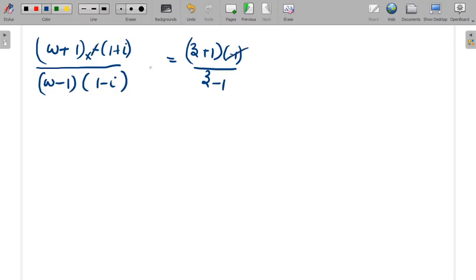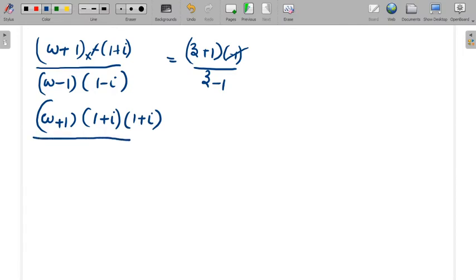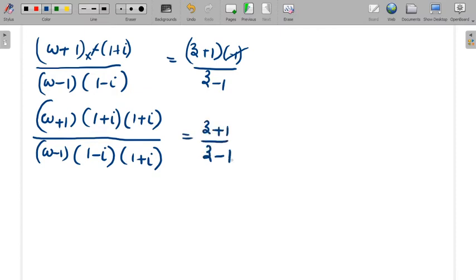Now to simplify this, we first simplify this expression by multiplying with the conjugate of the denominator. So we can write W plus 1 into 1 plus I, into conjugate of the denominator as 1 plus I, divided by W minus 1 into 1 minus I into 1 plus I. This is equal to Z plus 1 divided by Z minus 1.